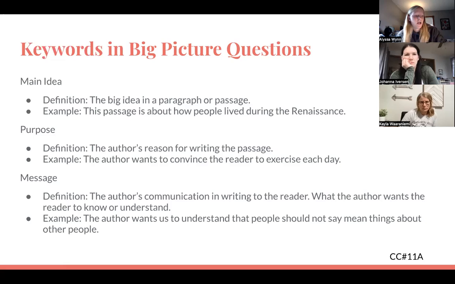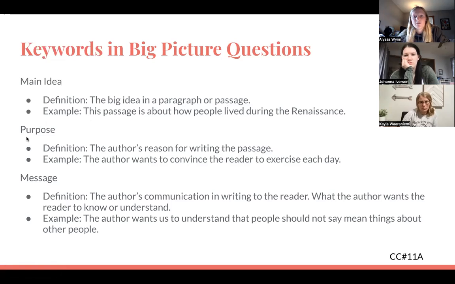You can usually recognize a big picture question if certain keywords are used in the question. These keywords may include main idea, which is the big idea in a passage or in a paragraph. The example is: this passage is about how people lived during the Renaissance. Another keyword is purpose.